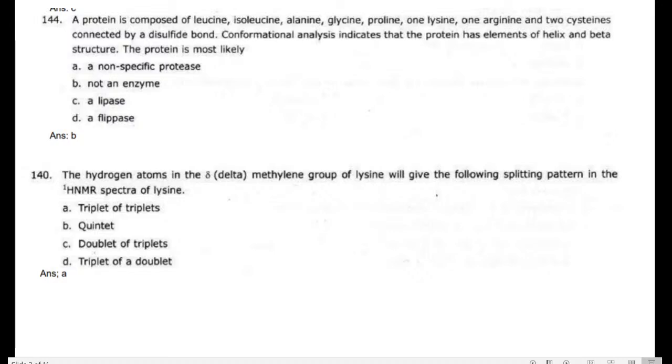So the first statement is just information. The key statement is that the conformational analysis indicates it has beta sheets and alpha helices.